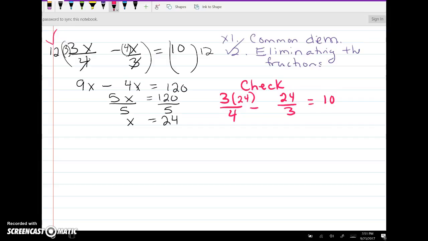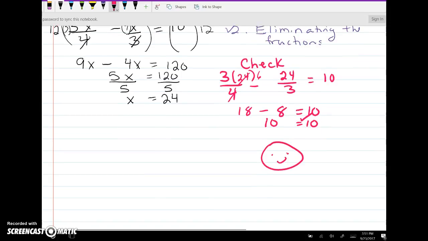Well, 24 divided by 4 is 6. 6 times 3 is 18. Minus 24 divided by 3 is 8 equals 10. 18 minus 8 is 10 equals 10. We are correct. Hooray! We get a little happy face because we are so happy our work came out.